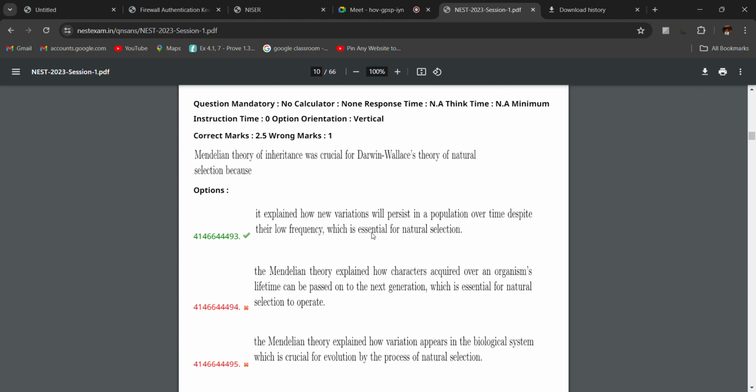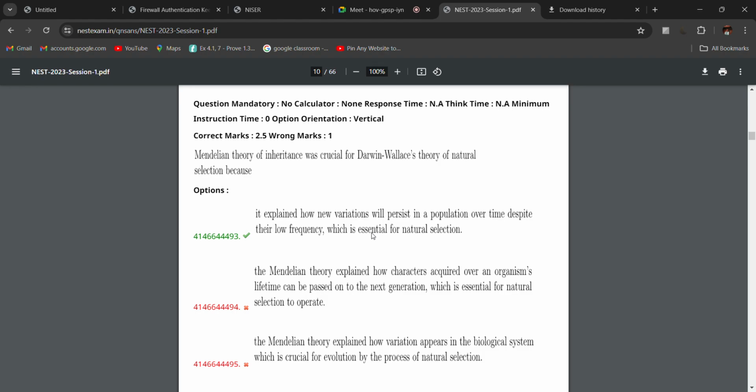Many people think that the cutoff will be very high. It's not like that. Its cutoff will be very high because, as you can see, the questions are not straightforward. So try to attempt the questions which you know, because negative marking is one, and don't care much about the cutoff marks. Whatever you know, just try to attempt according to that.